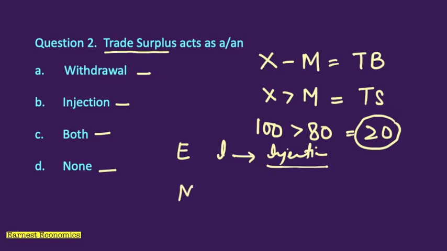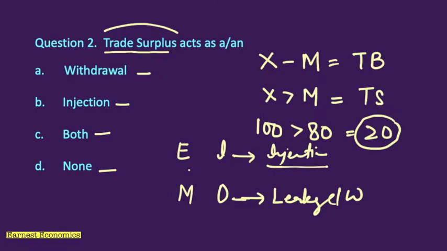And if we import, then there will be outflow of funds, and therefore it will be a case of leakage or withdrawal for an economy, because the funds that are present in the circular flow of our economy are moving out, part of them are moving out, and therefore it will serve as leakage. So here we have the case of trade surplus, that is where exports are more than imports.